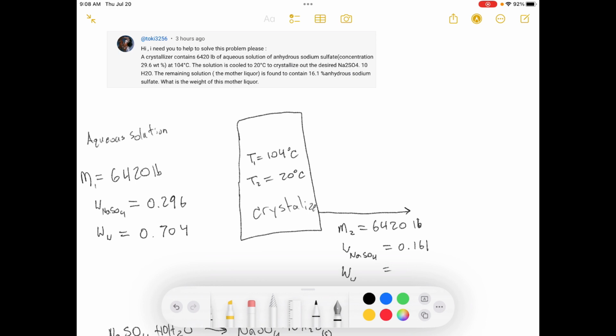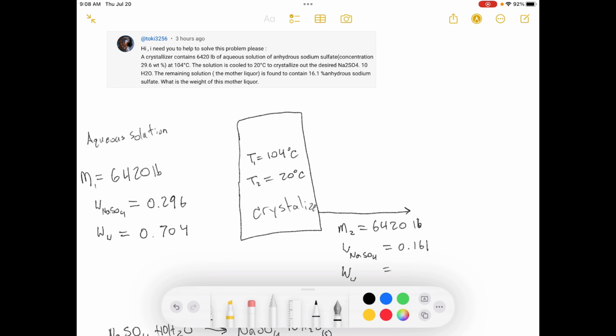The solution is cooled to 20 degrees Celsius to crystallize out the desired sodium sulfate dot 10 H2O. The remaining solution, the mother liquor, is found to contain 16.1% anhydrous sodium sulfate. What is the weight of this mother liquor?"